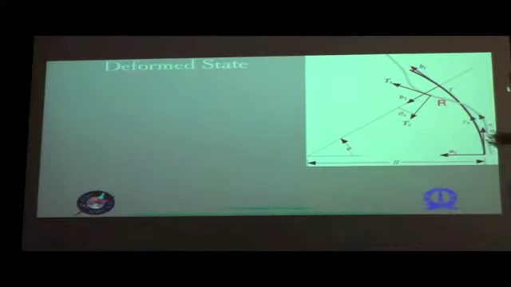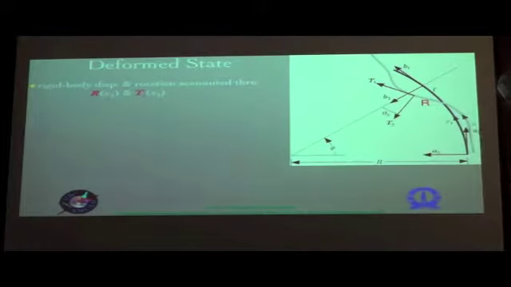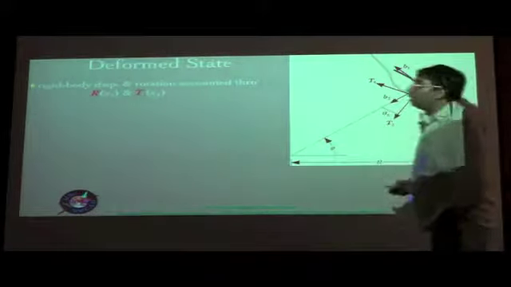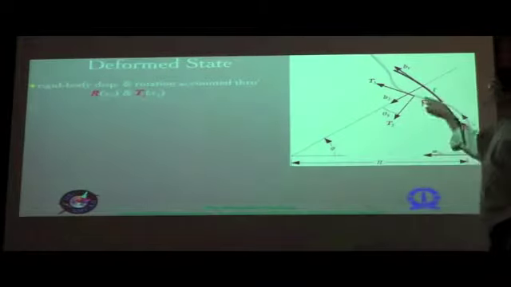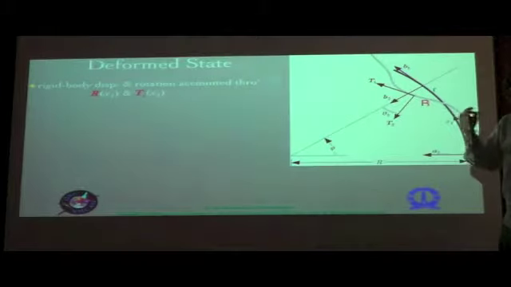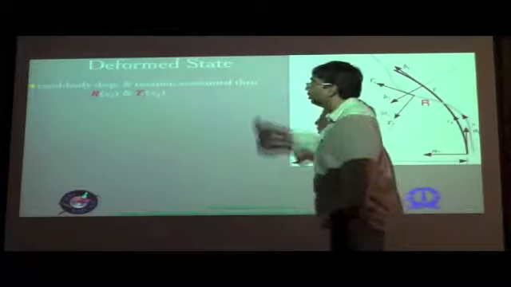Now let's get on to the deformed configuration, the gray curve that you see over here with an uppercase R written in red. So green is the undeformed and red is the deformed configuration as before. Now the rigid body displacements and rotations are completely accounted for, first by R itself and the position vectors to that from the same point from which you are getting the position vectors to the undeformed configuration, which point was fixed in the A system, that is the system whose motion we already know.